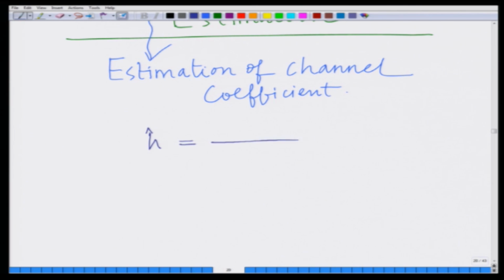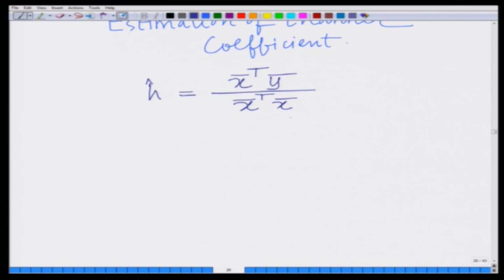h hat equals x bar transpose y bar divided by x bar transpose x bar, where the vector y bar is the observation vector, that is, the vector of observations y1, y2, so on up to yn.